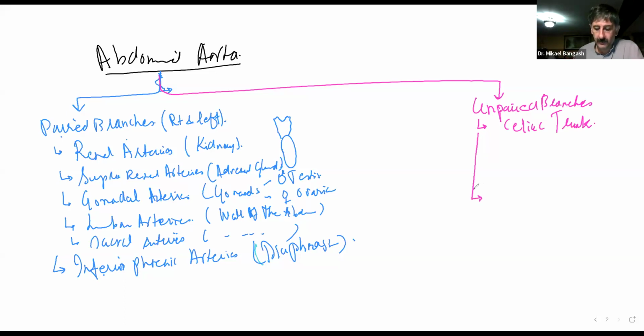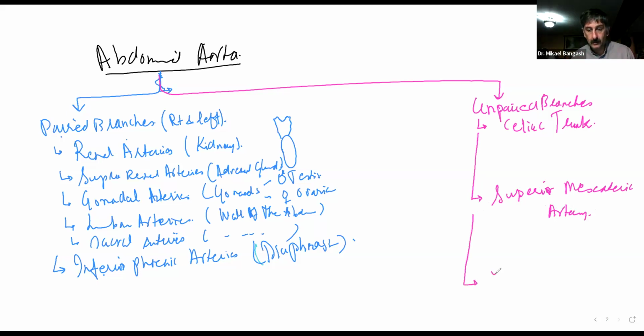The second one is what we call the superior mesenteric artery. And the last one is the inferior mesenteric artery.